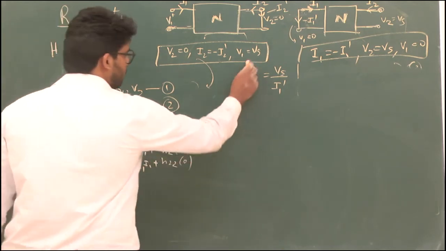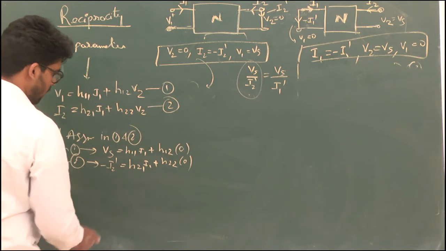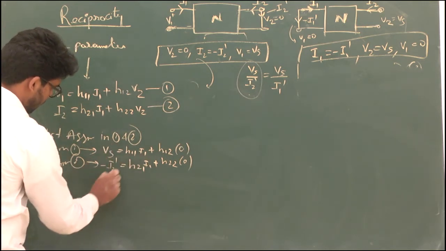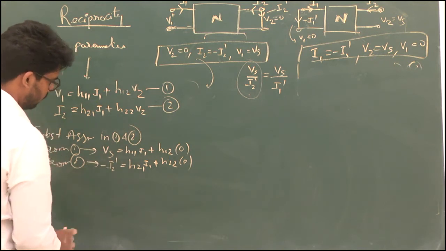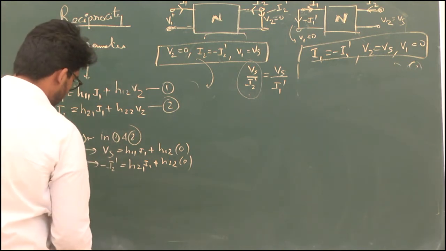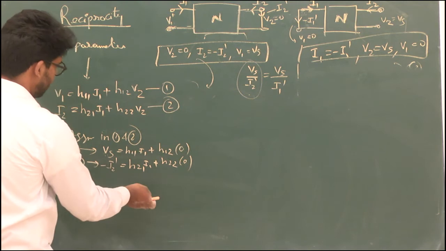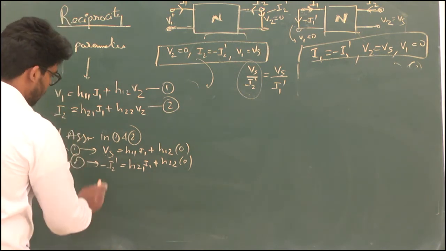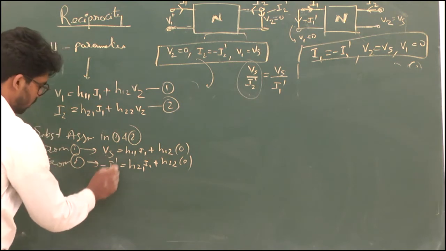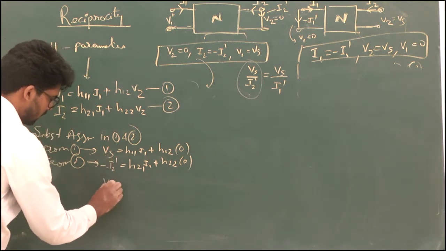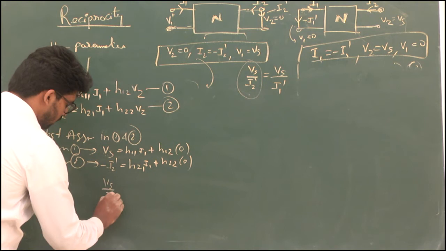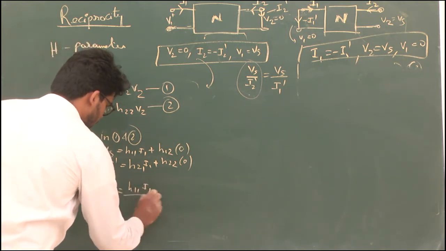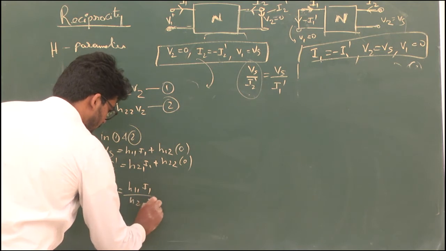So we need Vs by I2 dash. So again Vs by I2 dash. How will we get it? Is there any chance of getting Vs by I2 dash for this parameter? Directly equating from these two equations, Vs by I2 dash means we will get h11 I1 by h21 I1.